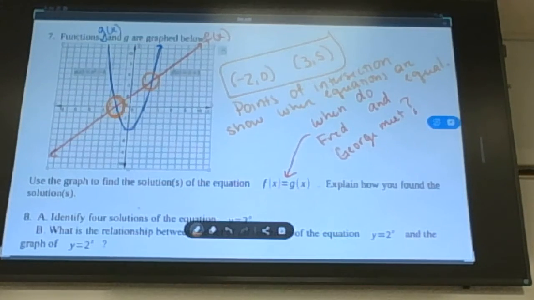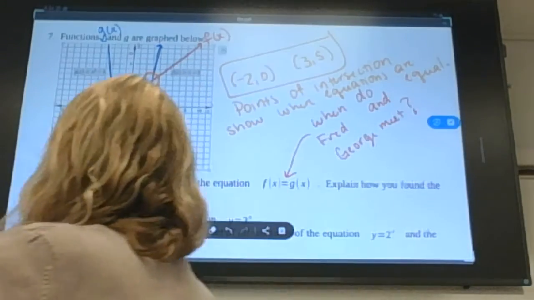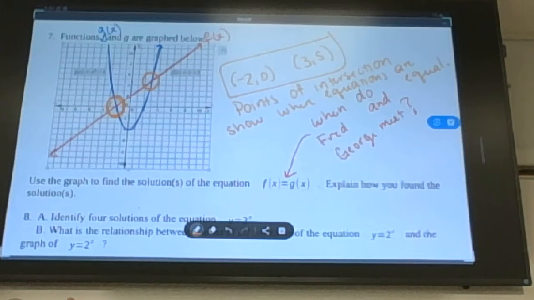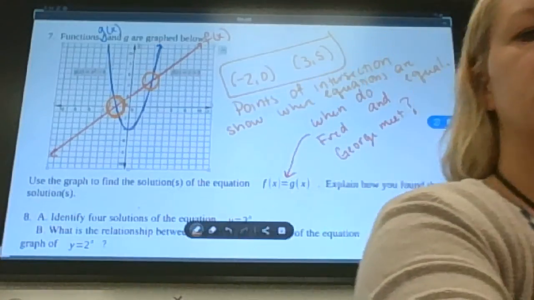Number 8, identify 4 solutions. Show when 4 solutions. Okay, 4 solutions.